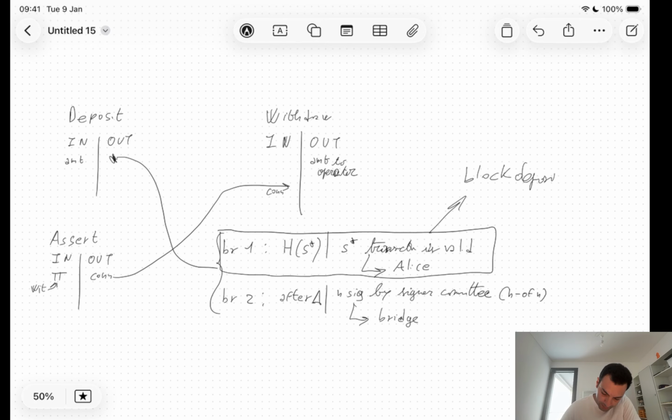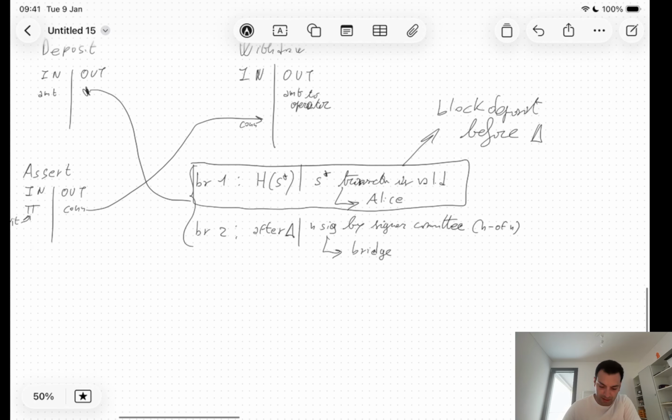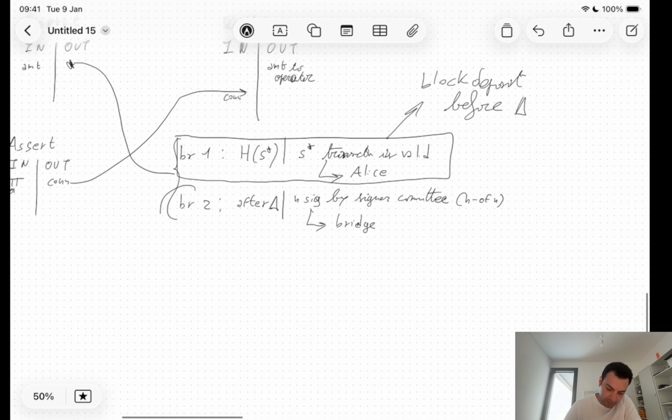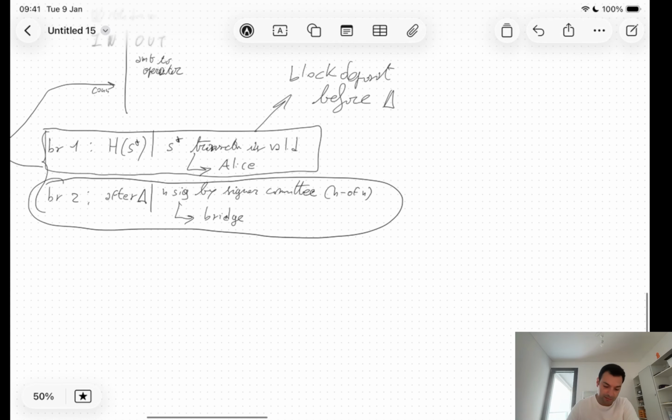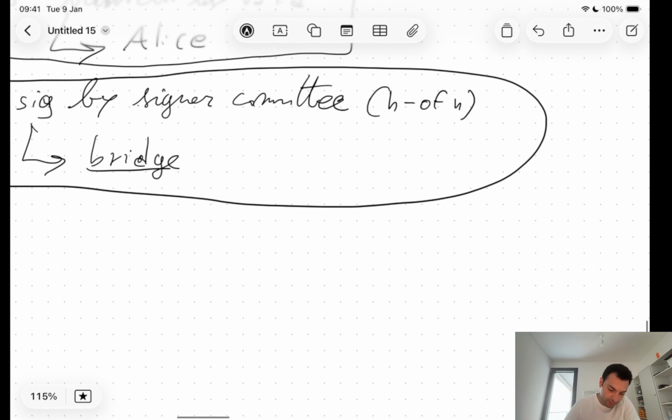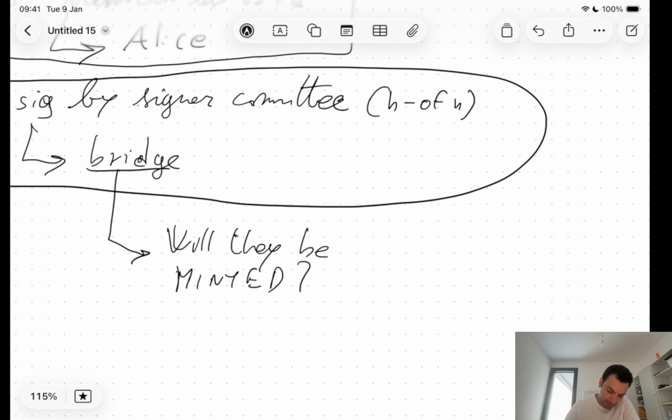On the other hand, if she actually wants the deposit, she can just leave money there. Then money has moved into the bridge, but will it be minted by the signer committee?